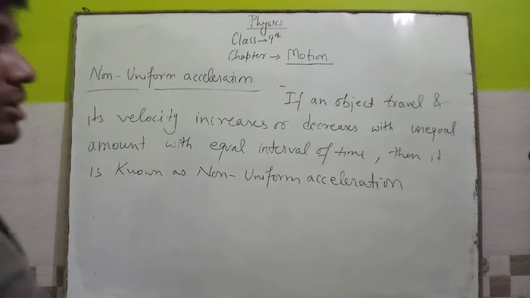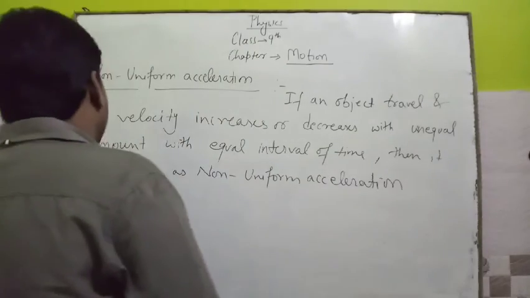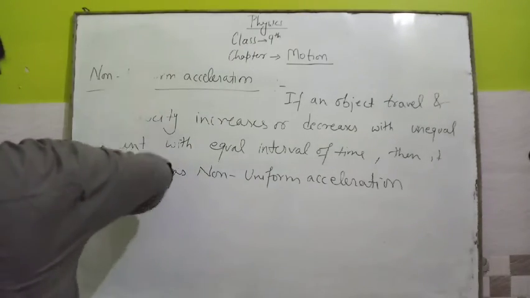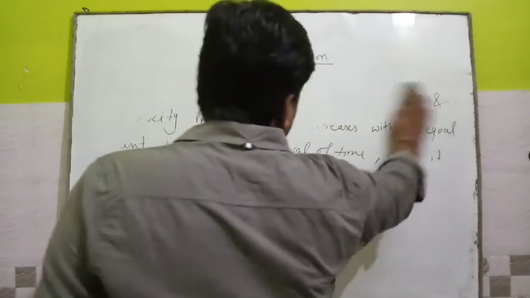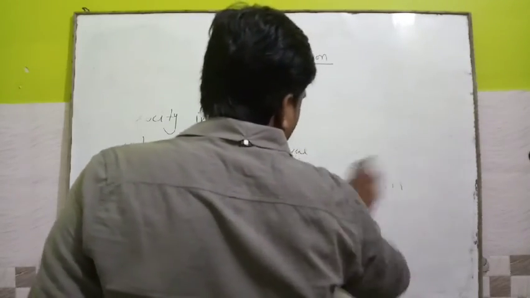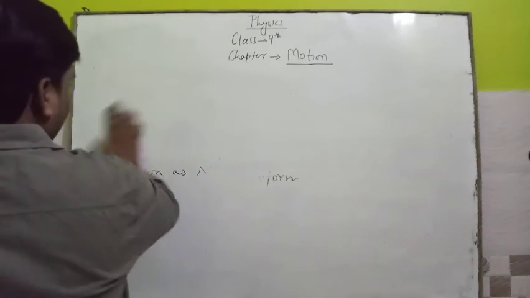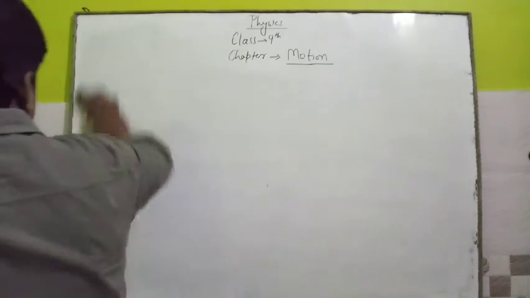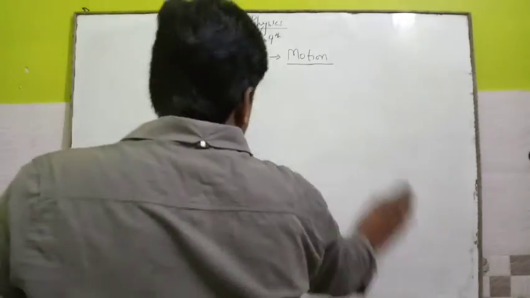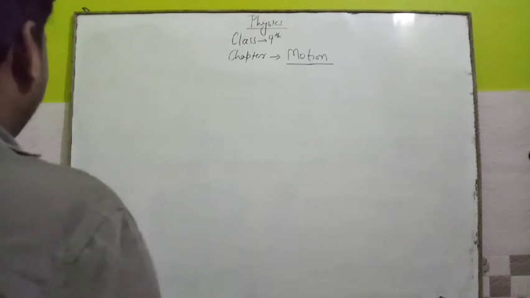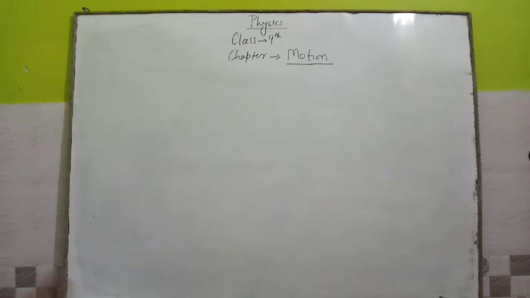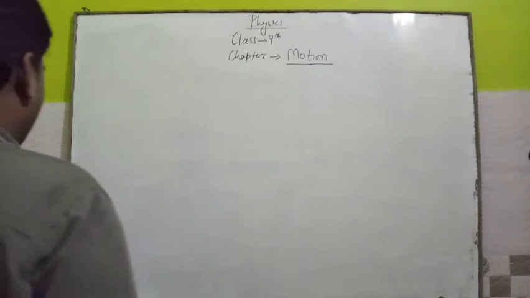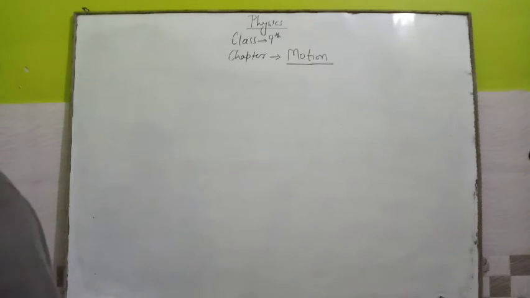Okay, now we are going to discuss some questions which are intext questions. So first of all, read the question carefully, everyone. The question says that starting from a stationary position, Rahul pedals his bicycle to attain a velocity of 6 meter per second in 30 seconds.